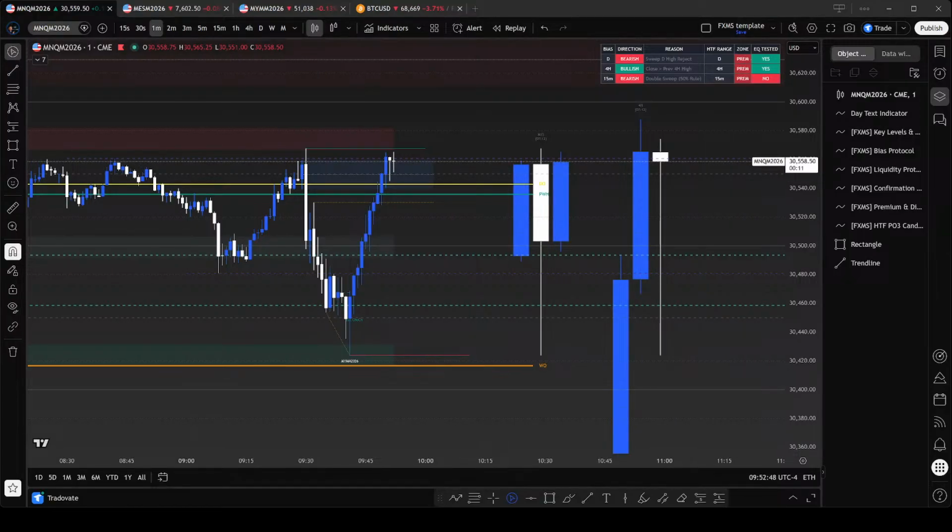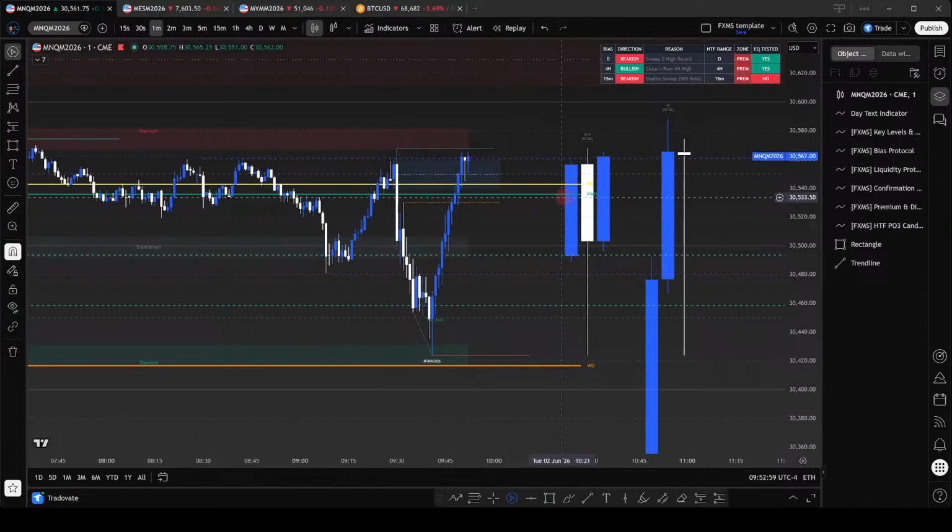Oof. Yeah, it's fighting hard, but it's probably going to come up and take that high. It's so close.